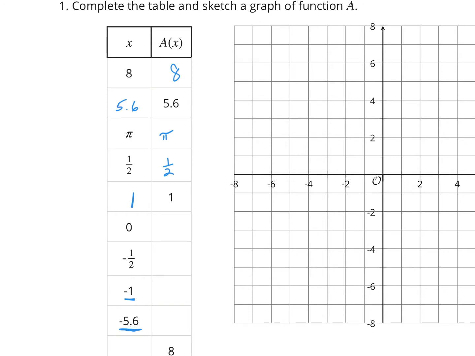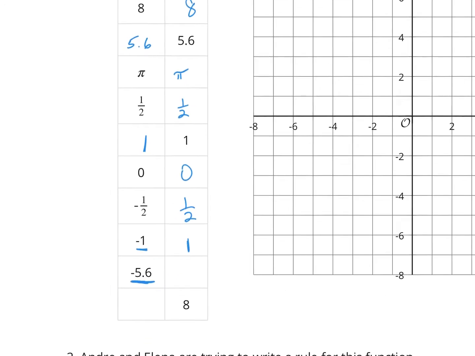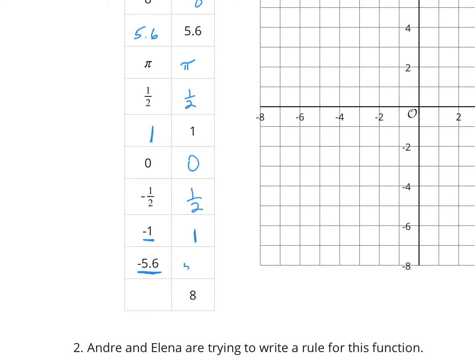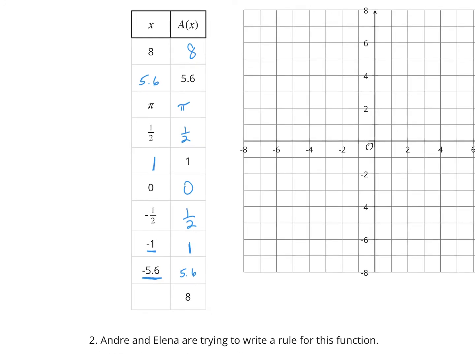When the input is 0, the output is 0. -1/2 is +1/2. -1 is 1. -5.6 is 5.6. And then for the output 8, again, you can have an input positive or negative, but the positive 8 is already being used, so let's go ahead and do -8.